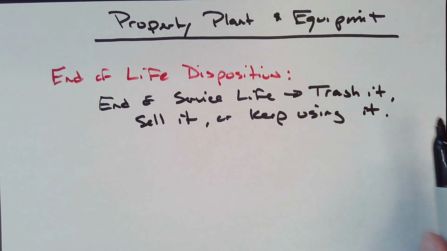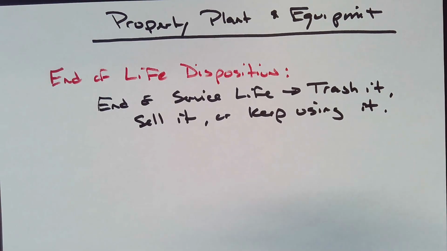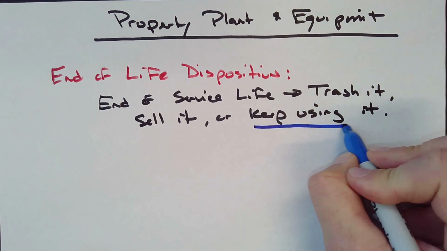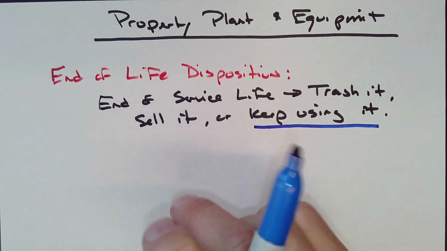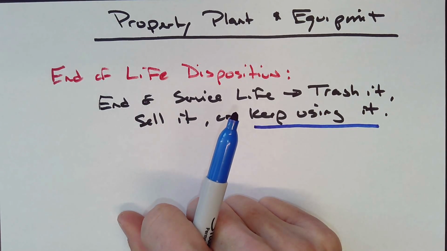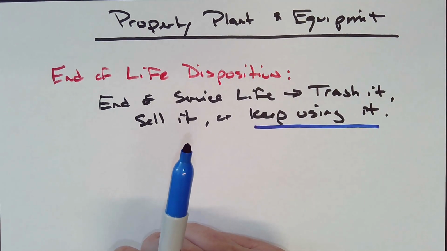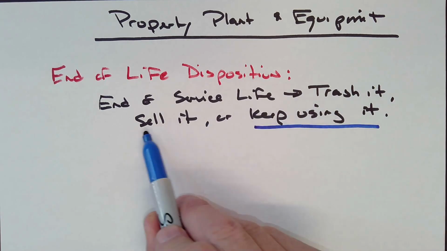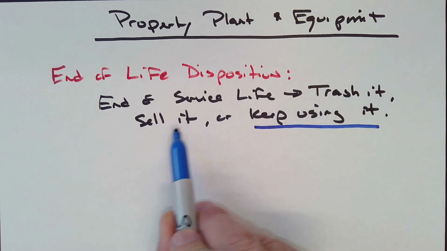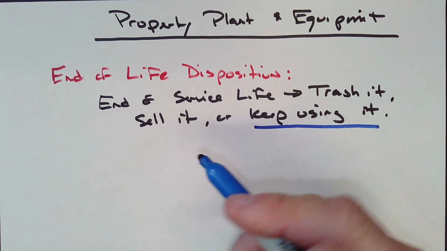Now, this piece, keep using it, I don't have to make that decision at the initial stage of buying or constructing this property, plant, and equipment. But trash it or sell it, those two I might have to think about up front.